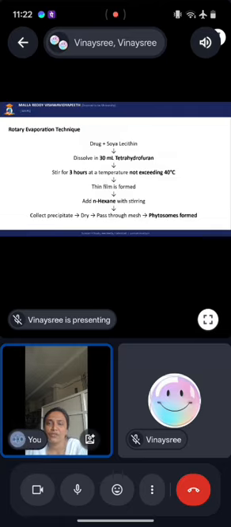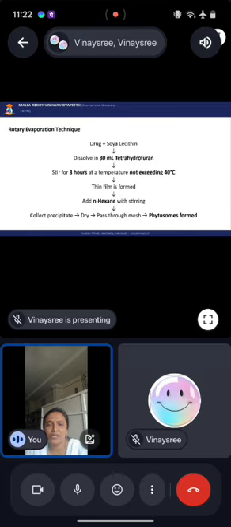So next, coming to the rotary evaporation technique. In this, we are going to mix the drug with soya lecithin, which is acting as a phospholipid. We are going to mix both the drug and soya lecithin in 30 ml of tetrahydrofuran, and then we are going to place it in an RBF, and we are going to assemble it in a rotary evaporator. This rotary evaporation is done for 3 hours at a temperature not exceeding 40 degrees.